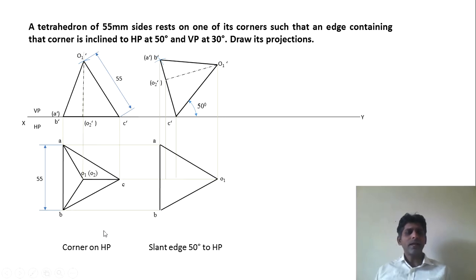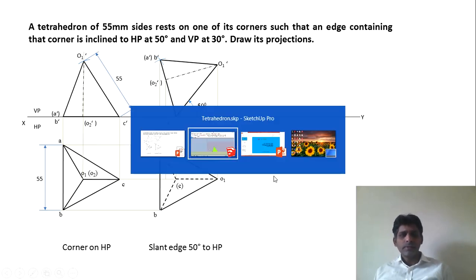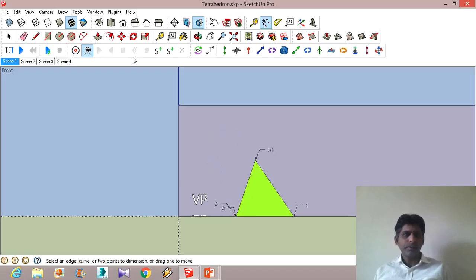These three lines starting from point C will all be hidden lines because this is the farthest point from the observer. So mark that point and join these lines. They are going to be hidden lines because C dash is the farthest point. Let me show you the visualization.